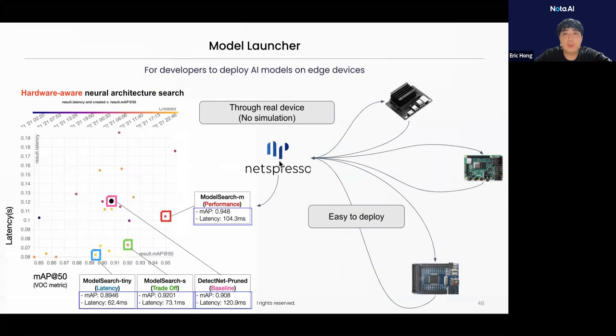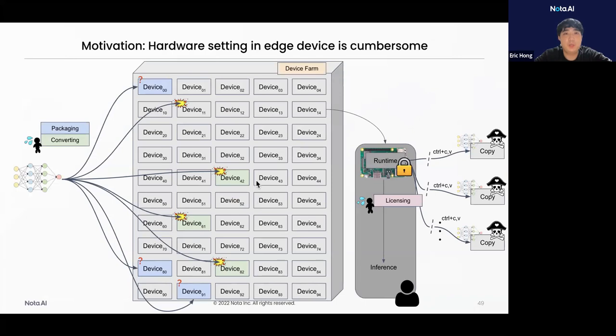So the output of NetsPresso will be sent to the device and come back, and we see the result like this. In our server room in our company, we have a big server rack, and we call it the apartment of the devices. In the apartment of devices, different devices are installed in the server rack, in rows and columns.